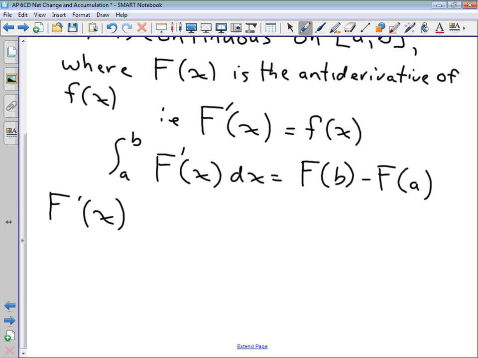If we're taking the derivative of this function, what does a derivative represent? Well, graphically, it represented the slope of the tangent. In terms of a function, it represented the rate of change of something. So this term right here is the rate of change of something.